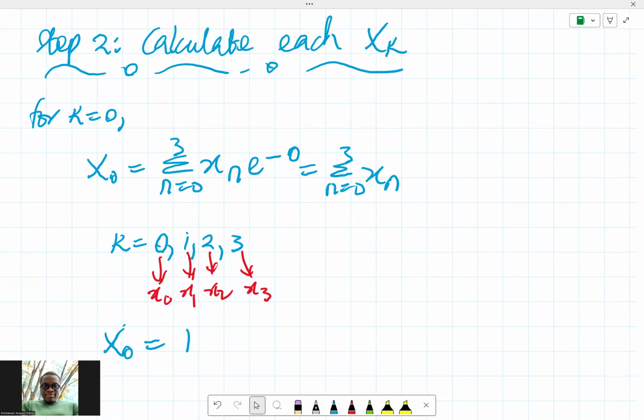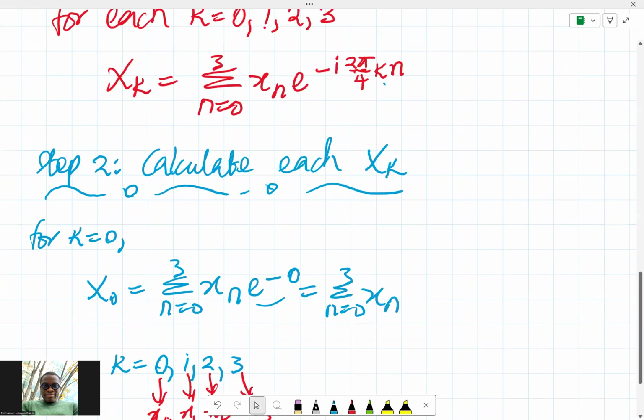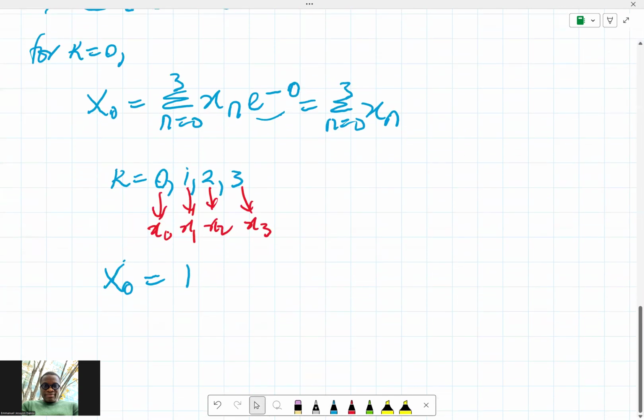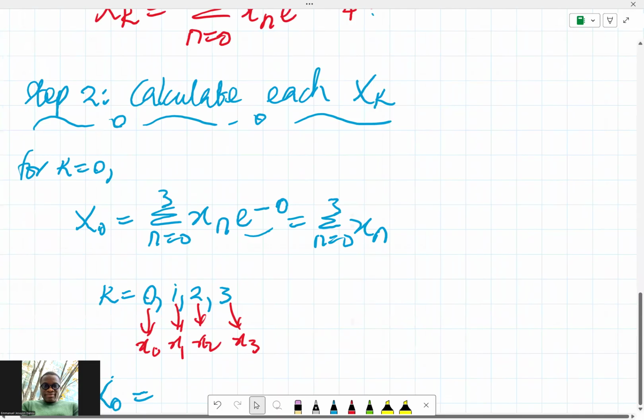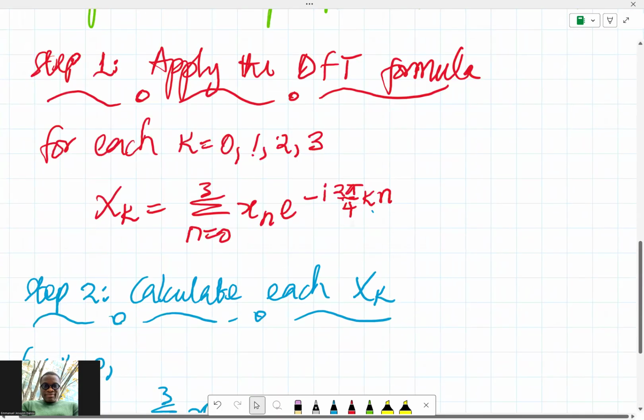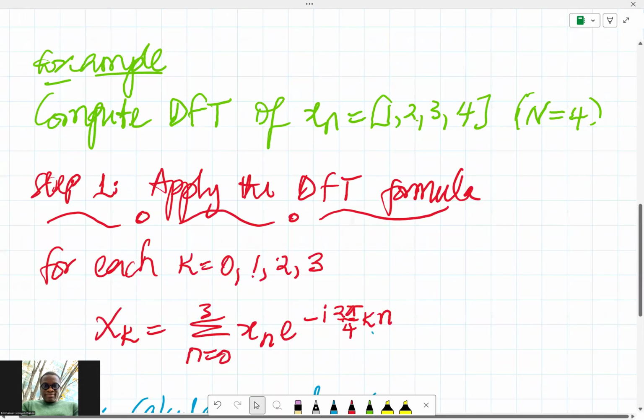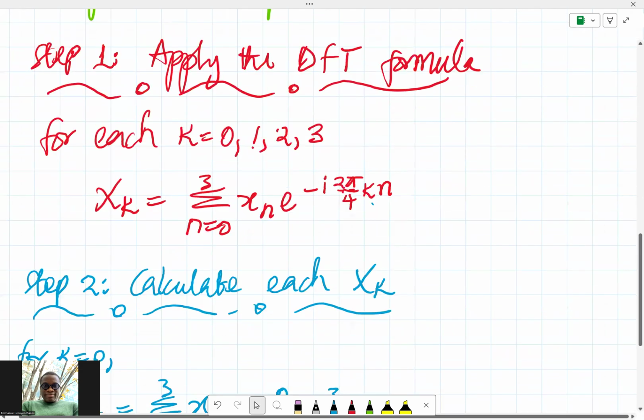So x naught now will just have to be, from the formula, 0, 1, 2, 3.